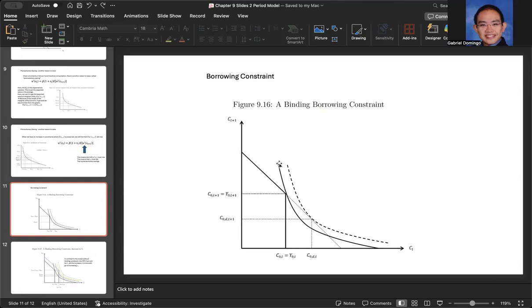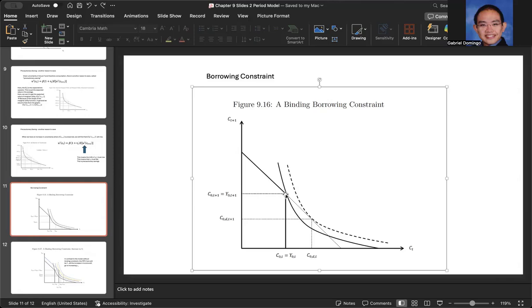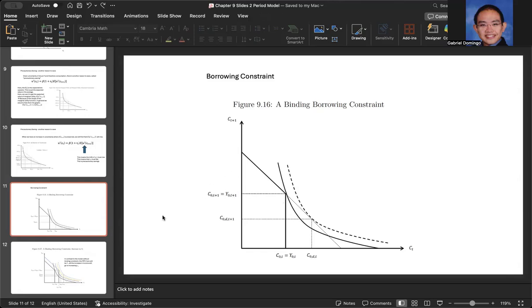In particular, you can use the indifference curve graph here to show that you'll probably hit or be tangent to this corner here, where you are completely consuming in the present period all of your income. Okay, that's sort of the effect of having a binding borrowing constraint. You want to be down here, but you can't because you're stuck there. The best you can do is be out there, right?